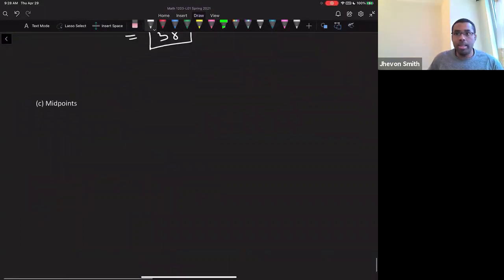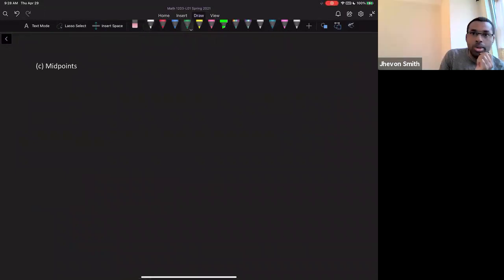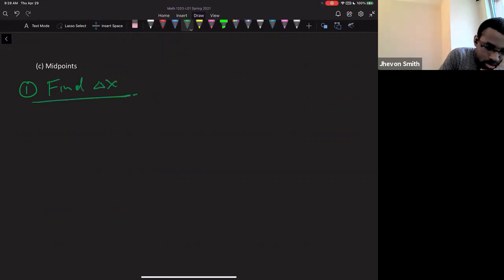Midpoints, same idea, right? It's the same process. Let's go through it again. Step 1, find delta x. And I'm pretending I'm starting from the beginning.